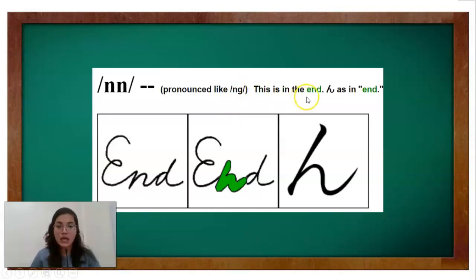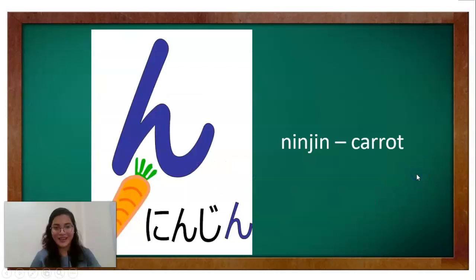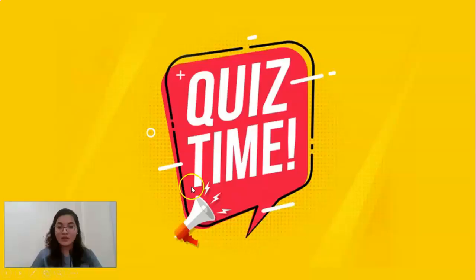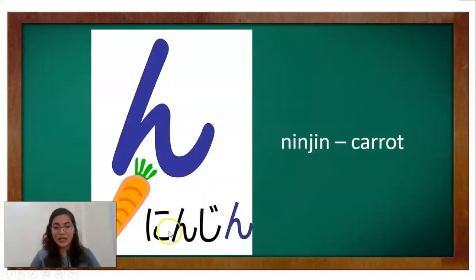This is the end. So n as in end. Here's an example word that has n. Ninjin means carrot.